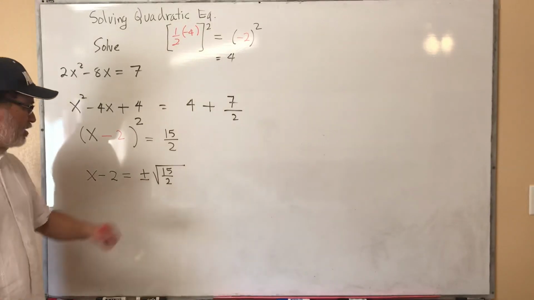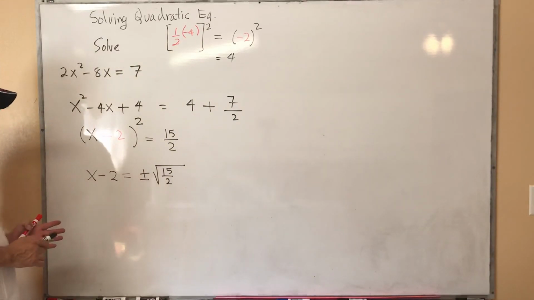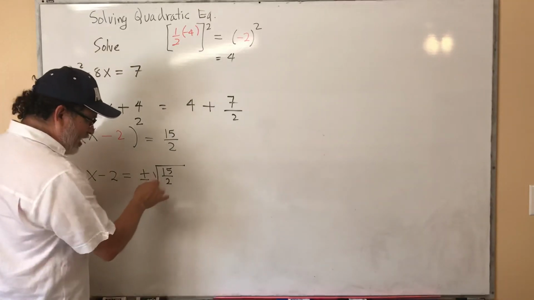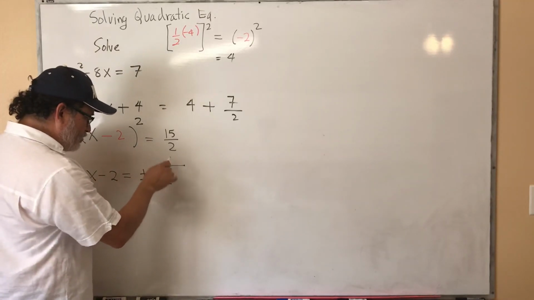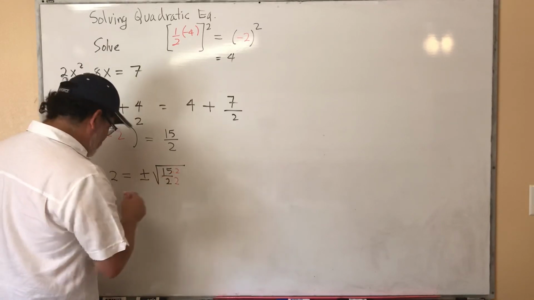Bring it over, okay? Bring it over, and you may want to rationalize this. I don't like fractions under the square root, so I'll just multiply this by 2 and by 2.